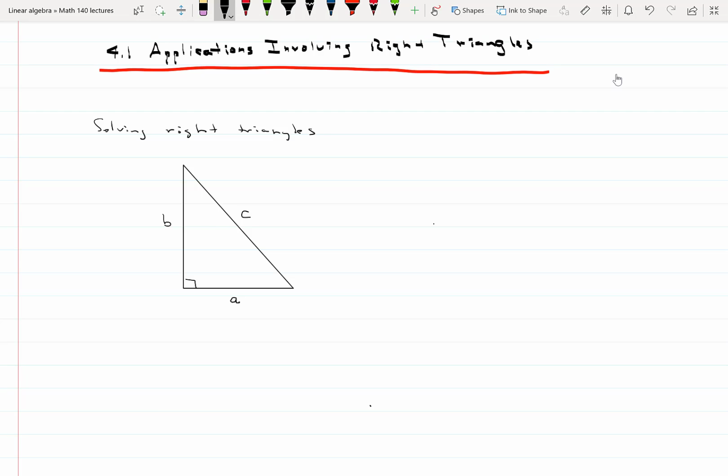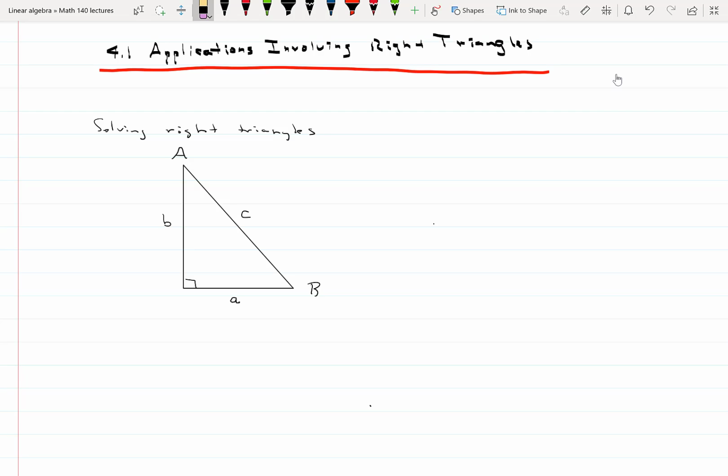So once we've made a decision on where we're going to put small a and small b, the vertices of the non-right angles are going to be capital A and capital B. So the angle opposite the side small a, we're going to label as capital A, and the angle opposite side small b, we label as capital B. Okay, so this is the convention that we use for this section.